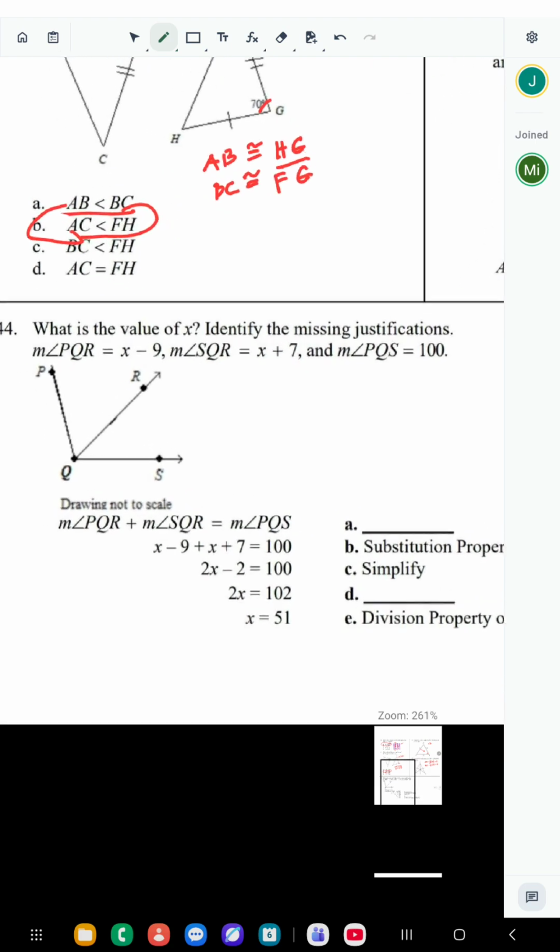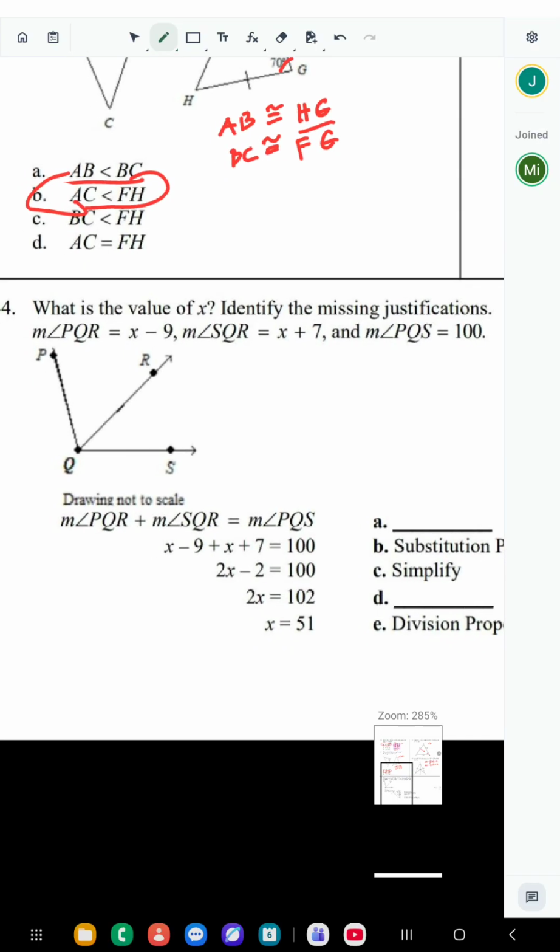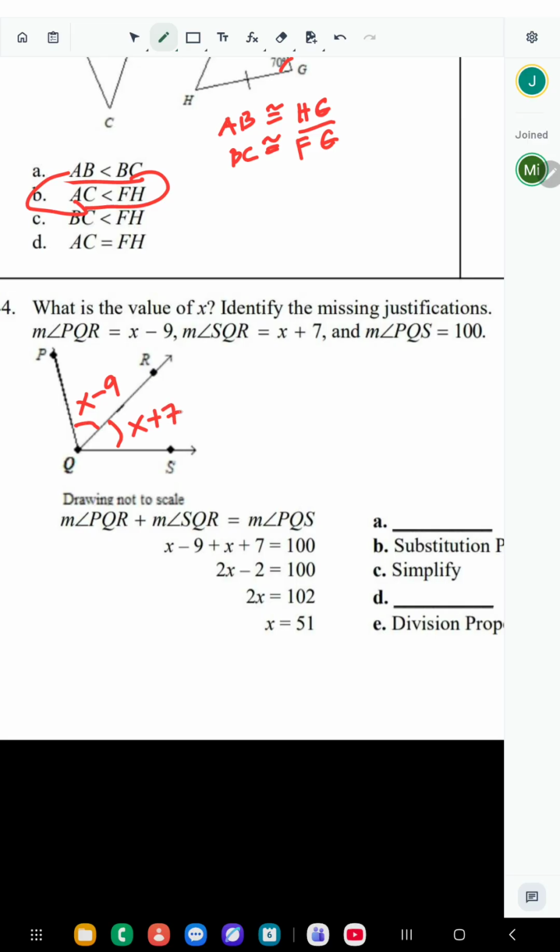What is the value of x? Identify the missing justifications. Measure of angle PQR, this one is x minus 9. SQR is x plus 7. And PQS is 100. So we can just add them.